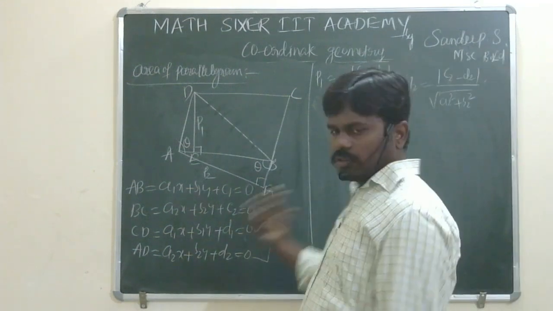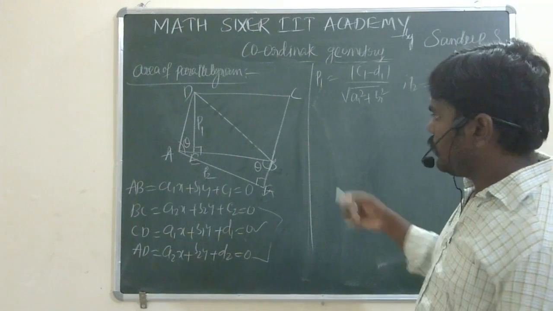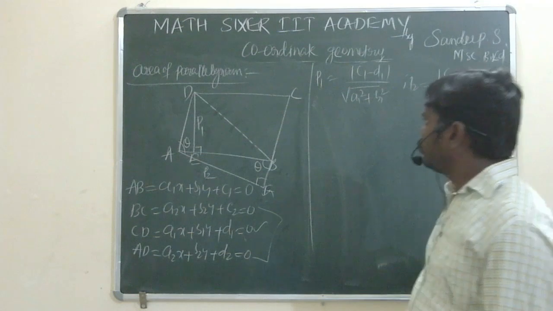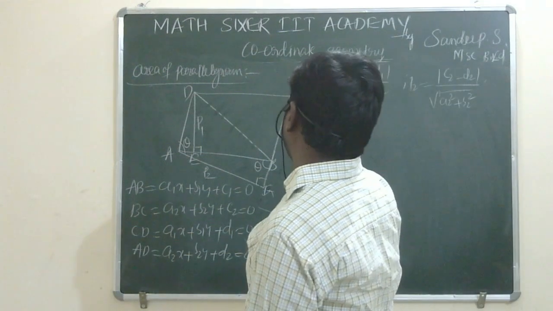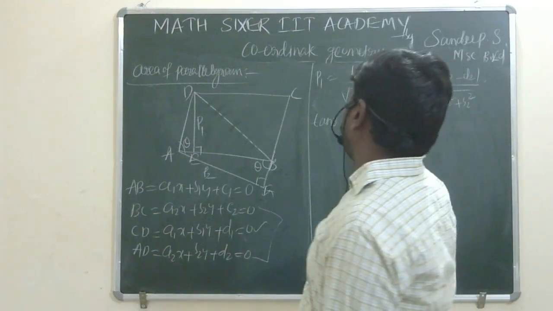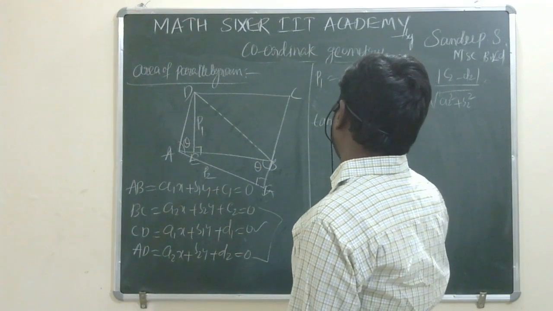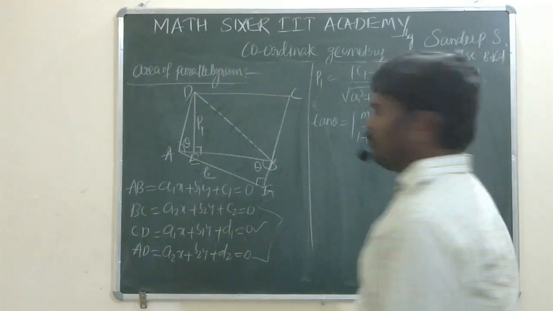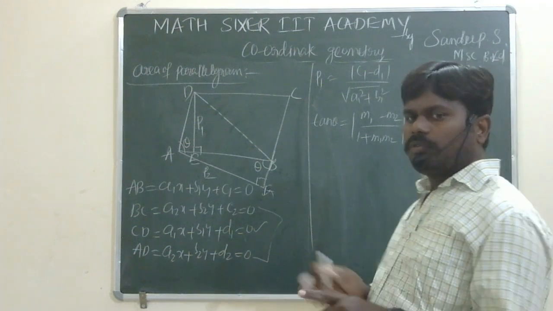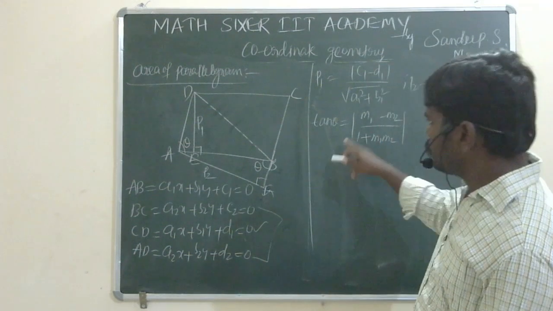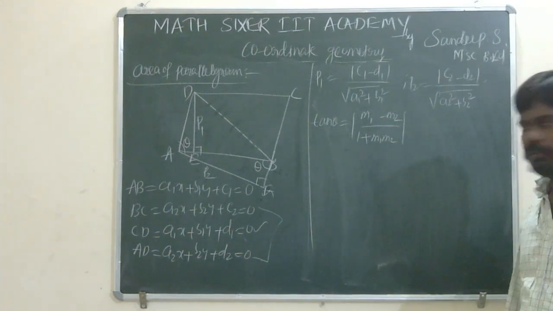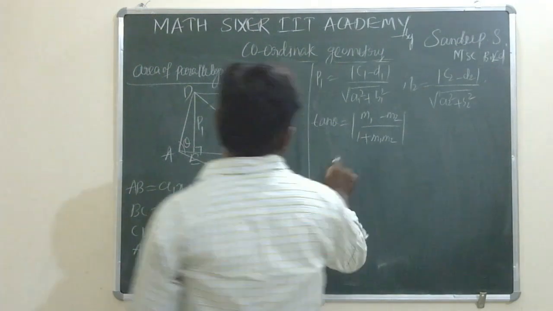And here we have sin theta also. Sin theta can also be expressed in terms of the sides or the coefficients of the equations, so that also we will derive here. Here tan theta is equal to m1 minus m2 divided by 1 plus m1 into m2. This is the formula I explained in my last video, the angle between two straight lines: theta is equal to tan inverse of modulus of m1 minus m2 divided by 1 plus m1 m2. Now we will substitute m1 and m2.